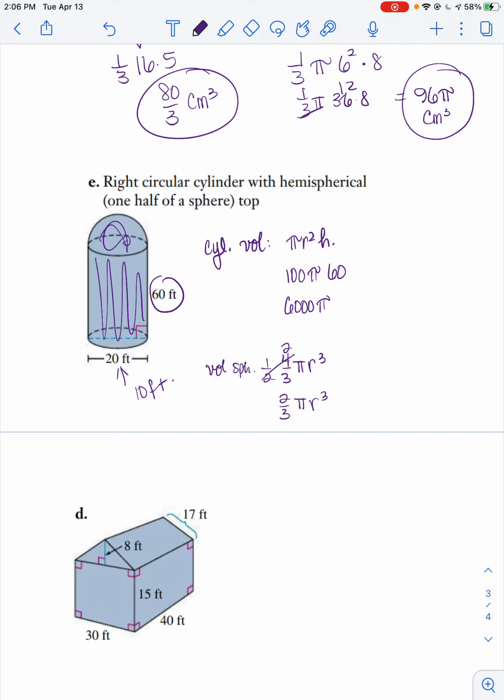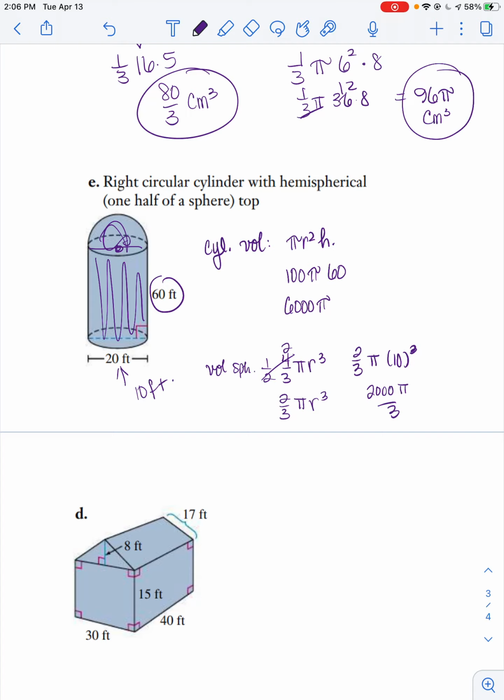What is the radius of that hemisphere? Well, the diameter is 20, so my radius is 10 again. So I'll get 2/3 pi times 10 cubed. 10 cubed, of course, we know is 1,000. So we get 2,000 pi over 3.